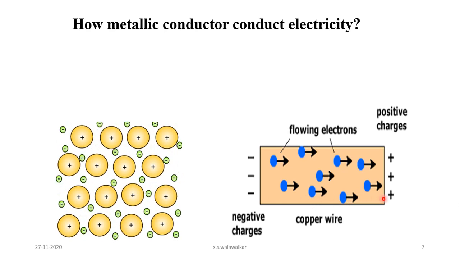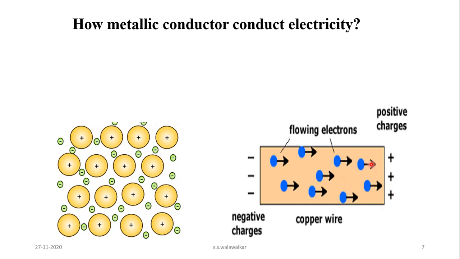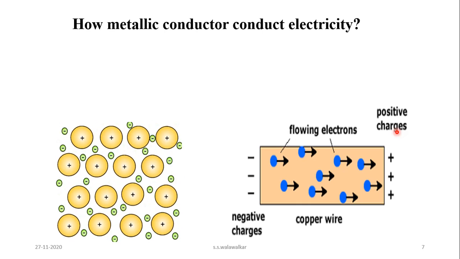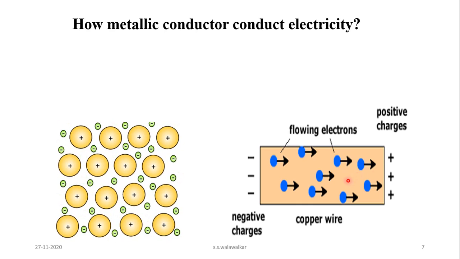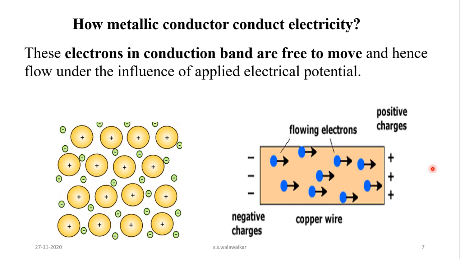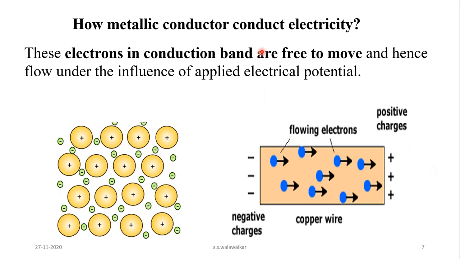To make the electric current flow, this metal plate is connected to a battery, and due to this, a potential is developed and electrons flow in a particular direction towards the positively charged plate, and electric current flows. So electrons in the conduction band are free to move, and hence they flow under what?